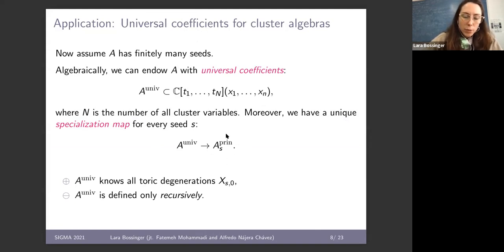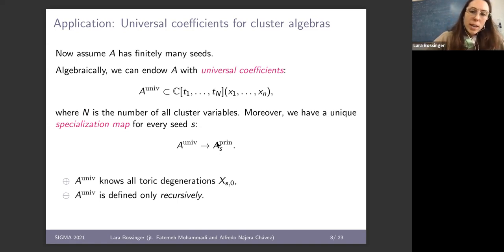And if we go one step further here and now specialize all the t parameters that survived the specialization map to 0, we get the semigroup algebra that defines this toric degeneration associated to a seed. But now we have these specialization maps for the cluster algebra with universal coefficients, not just to the principal coefficient algebra with respect to one seed, but with respect to all seeds.